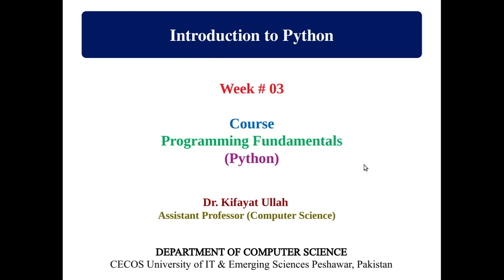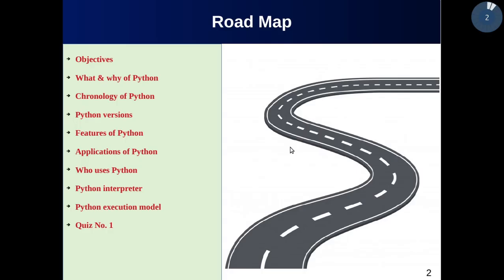So here is a brief introduction of today's outline. As usual, we will start with the objectives and then we will see what the Python language is and why we use Python instead of any other programming language. What is the brief history of Python, the different versions of Python, and what are the unique features of this language?